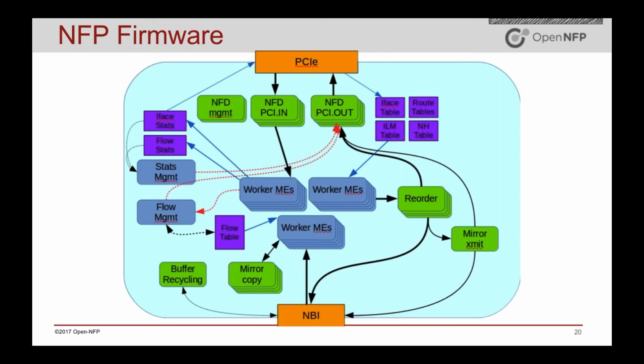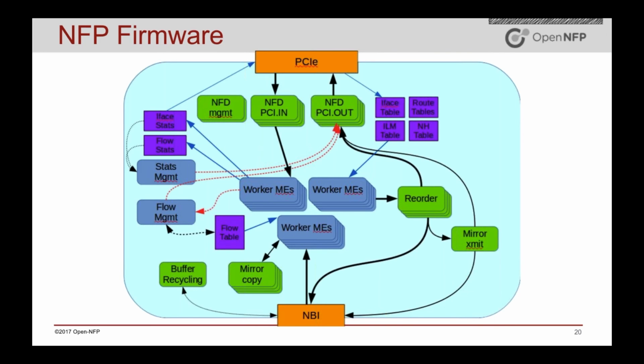So, for example, when the worker ME wants to do a route lookup or a flow lookup, there is no locking required, not even a read lock, in order to read the entries in the flow table or the route table or the interface table.